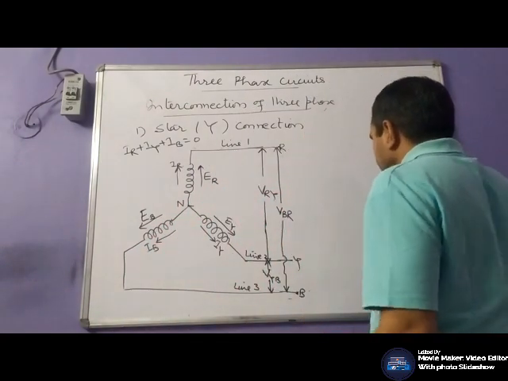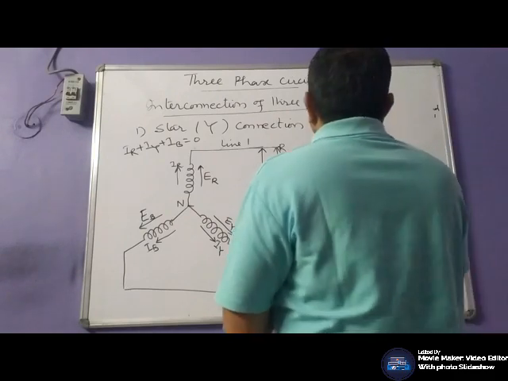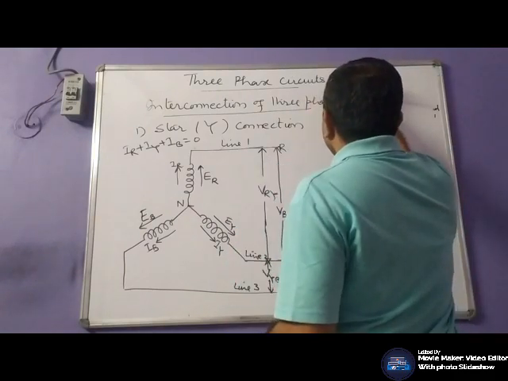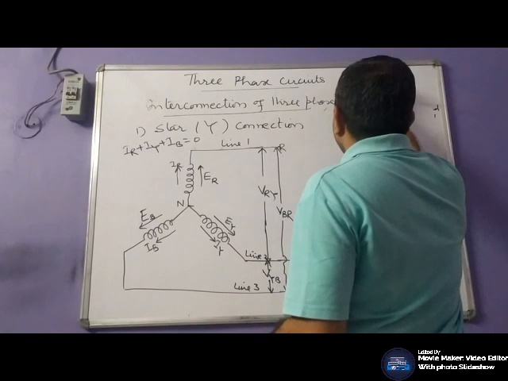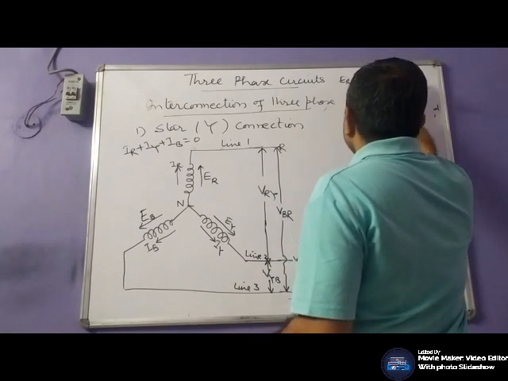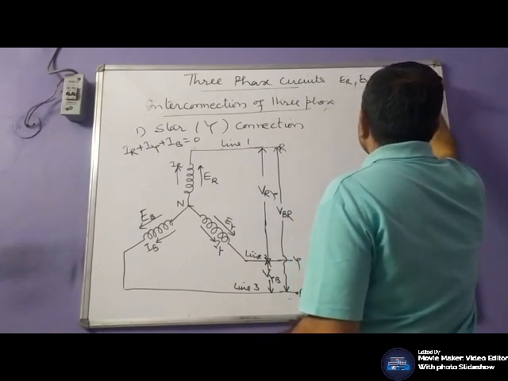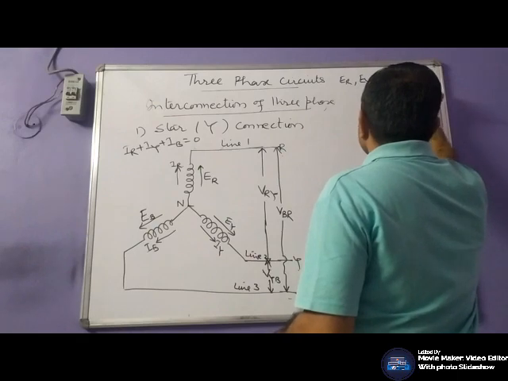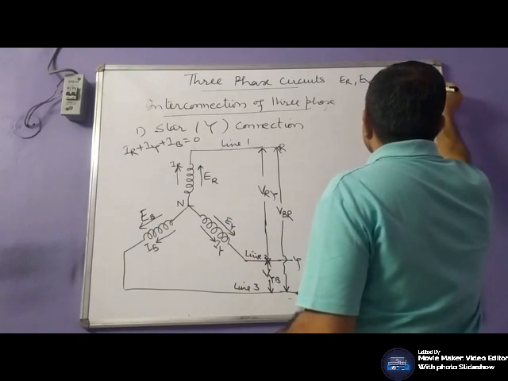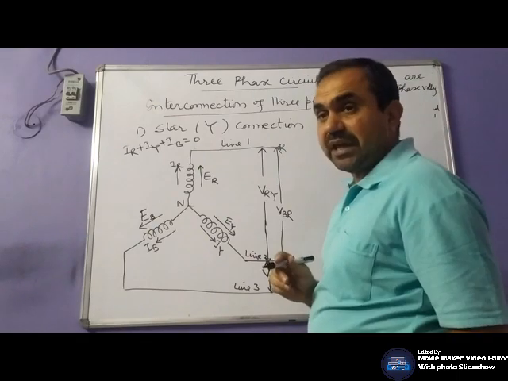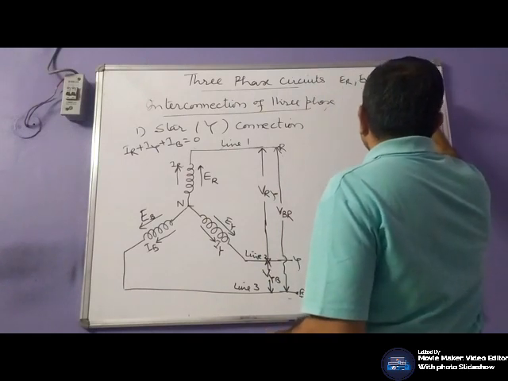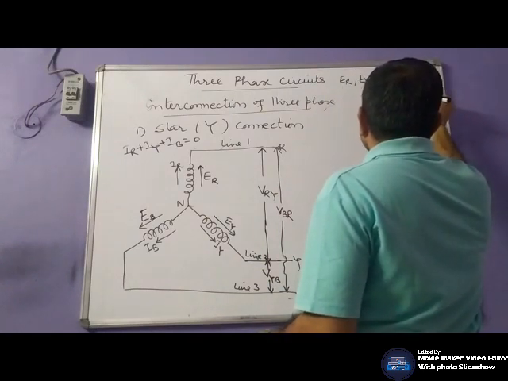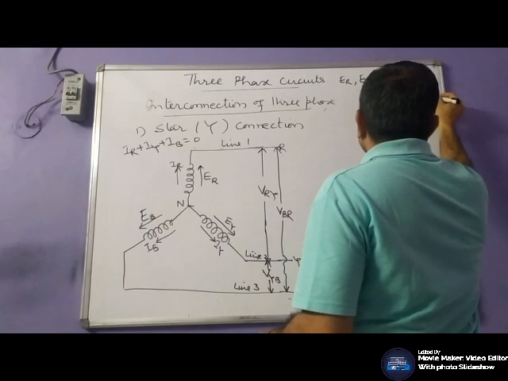So ER, EY and EB are phase voltages, and if the system is balanced, we can represent it by E phase or V phase.